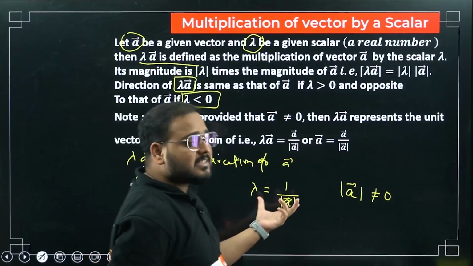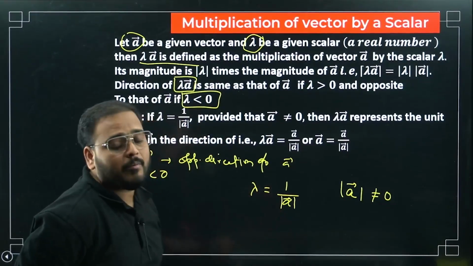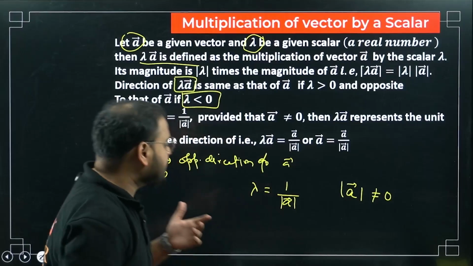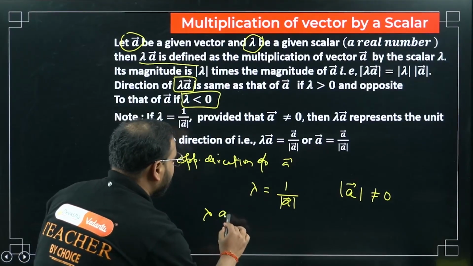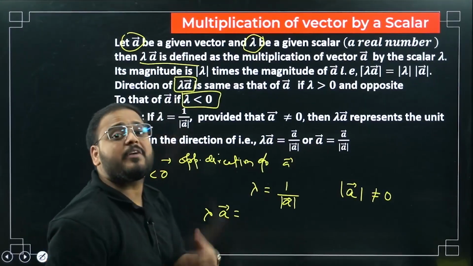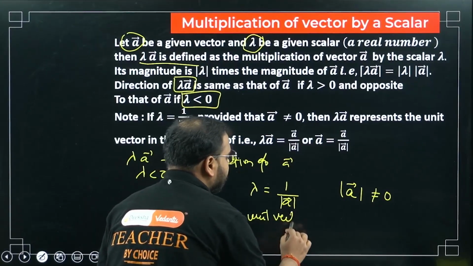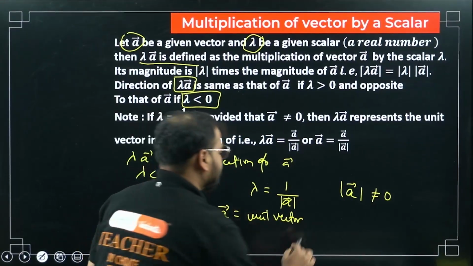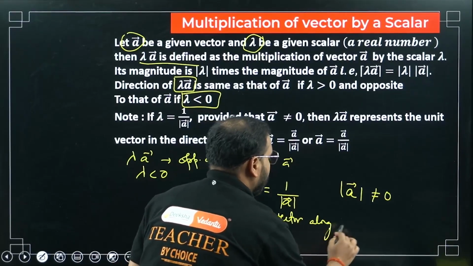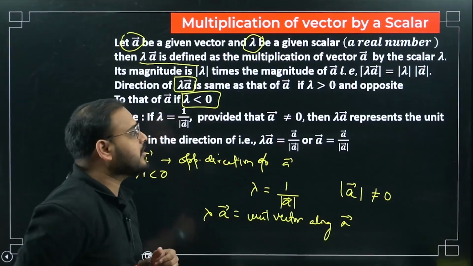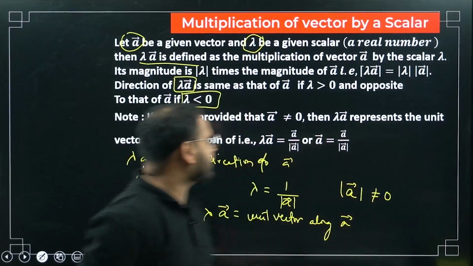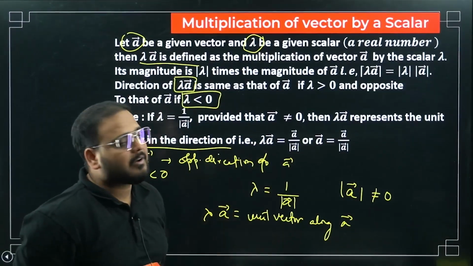So if lambda is equal to 1 upon magnitude of the vector A, then lambda A will give me a unit vector along vector A. So lambda A represents the unit vector in the direction of vector A.